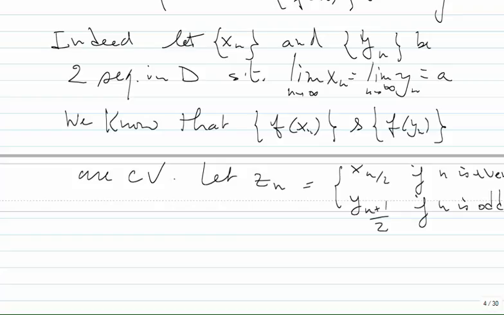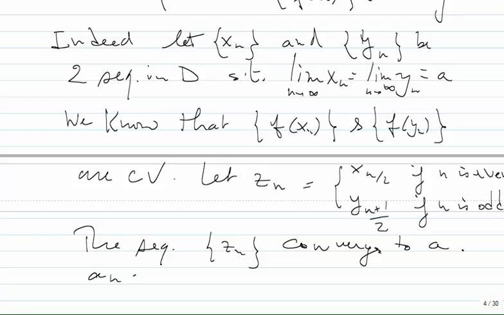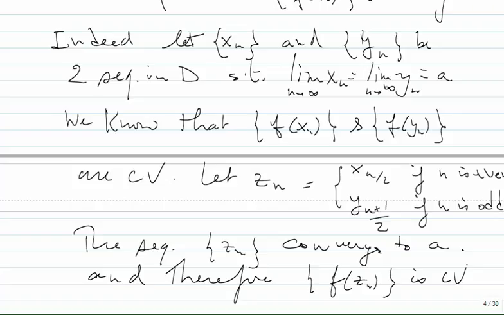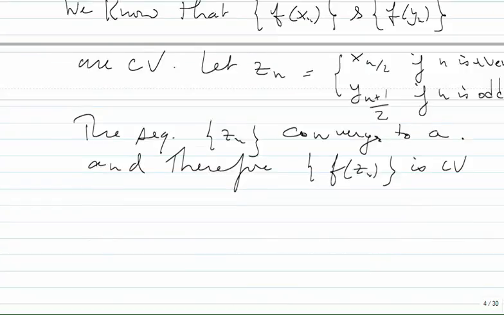So the sequence zn converges to a. This is straightforward, same as for the real case, and therefore f of zn is convergent. So since f of zn is convergent, we see that f of xn is a subsequence of f of zn.